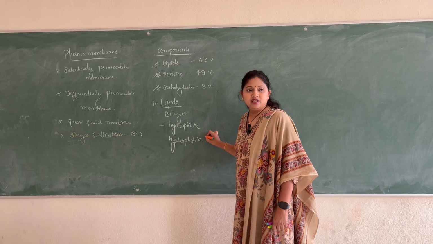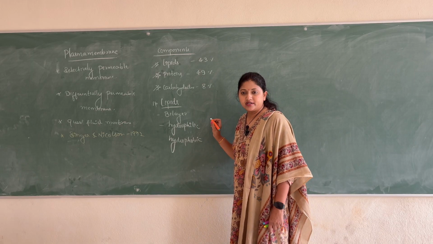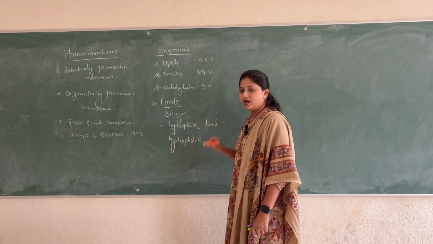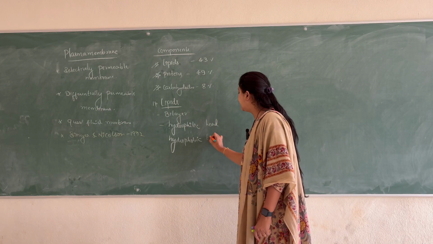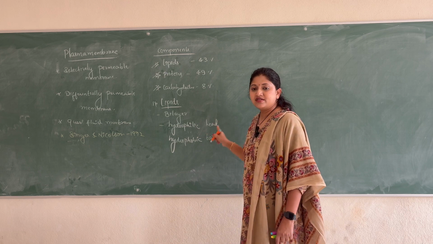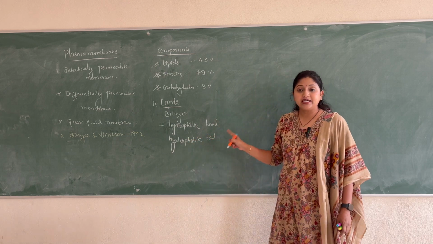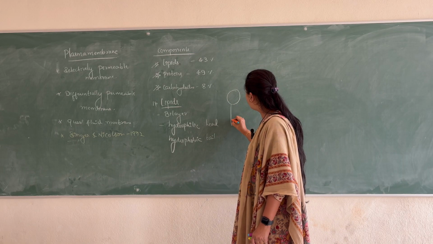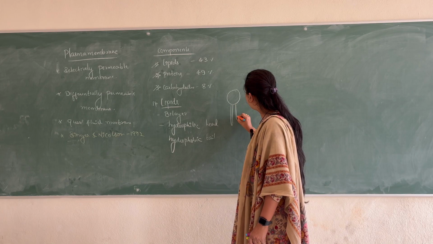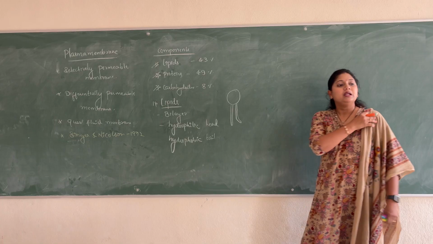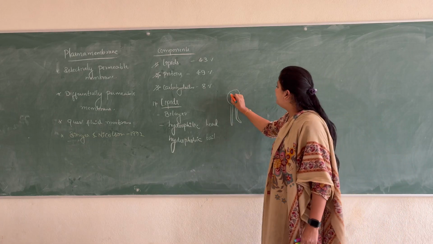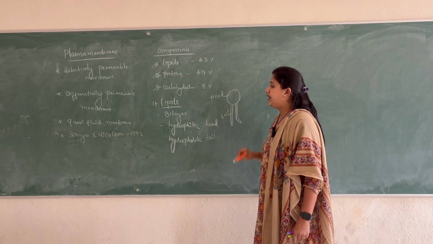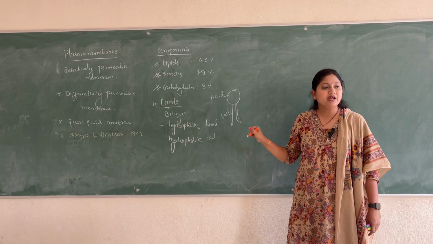Hydrophilic is water loving, hydrophobic is fear of water. Hydrophilic is always the head and hydrophobic is always the tail. So in the lipid, this is the head and this is the tail: hydrophilic head and hydrophobic tail.